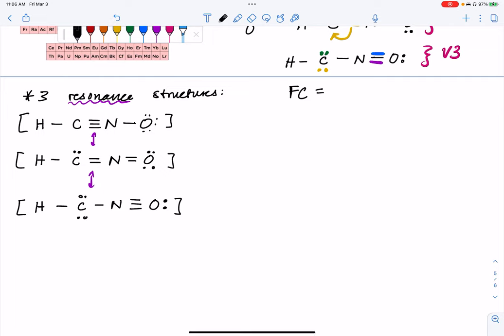So just a little reminder, formal charge is number of valence electrons, which I'm going to write as VE, minus the sum of our bonding pairs on that atom, BP, in other words, our lines, plus our non-bonding electrons on an atom, in other words, our dots.